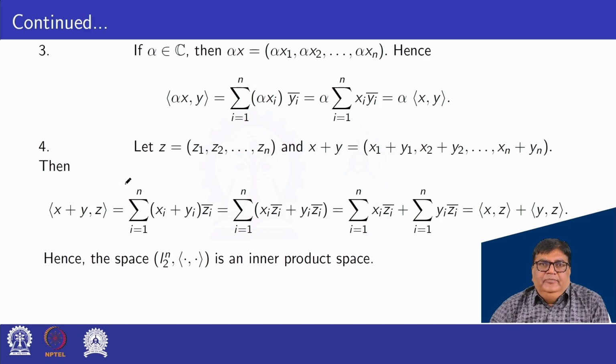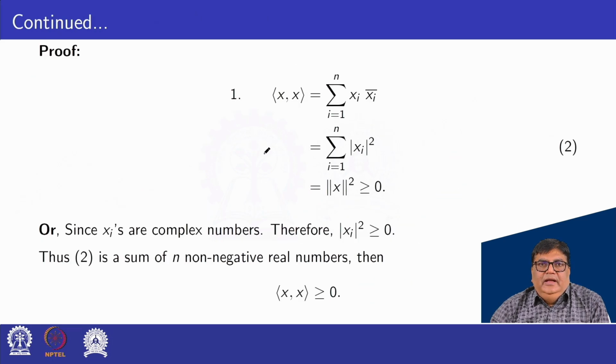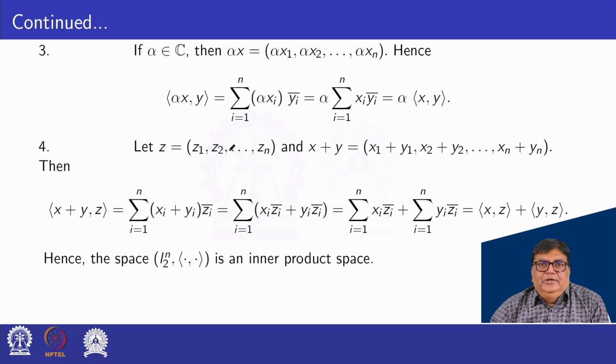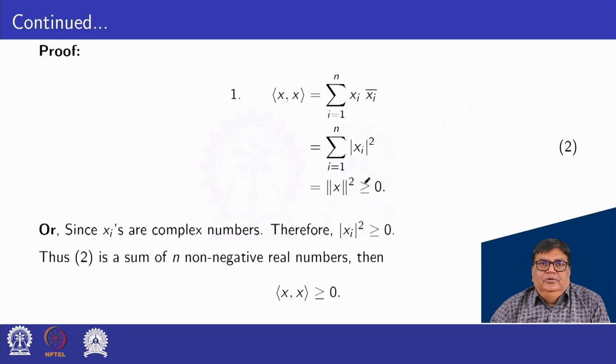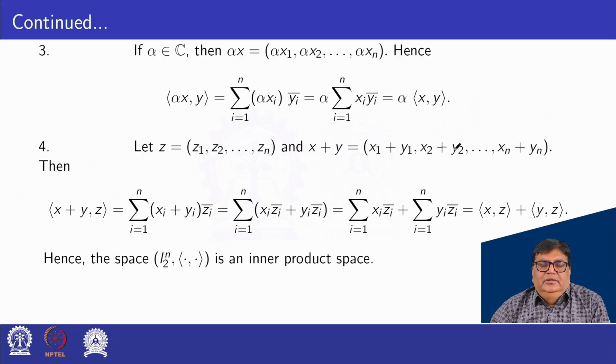Fourth property: if x, y are defined as above, and z is the n-tuple z1, z2, and so on, zn, then x plus y is equal to the n-tuple x1 plus y1, x2 plus y2, and so on, xn plus yn.